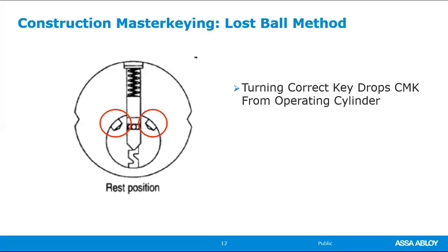You see right here in the opening that I have circled, or some manufacturers like Yale have a hole cut out in the bottom of the cylinder. The ball completely falls out. So once the little ball is gone, the contractor's keys, the construction keys, will no longer work.